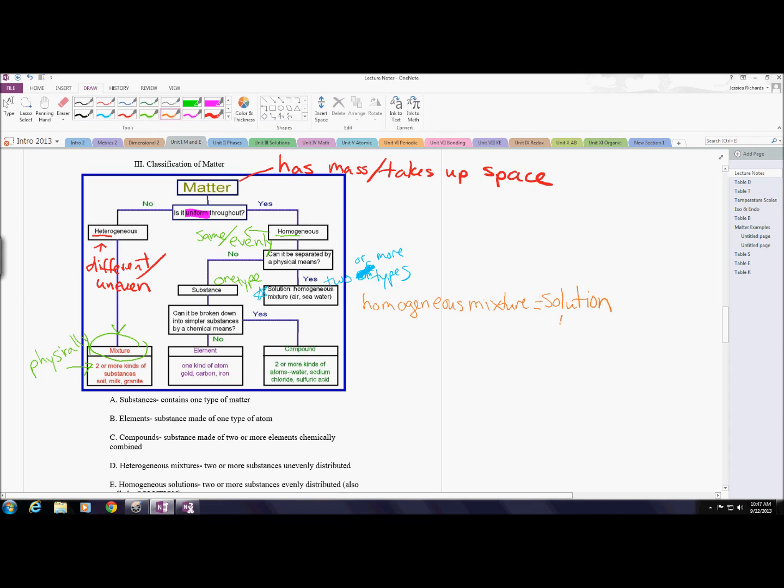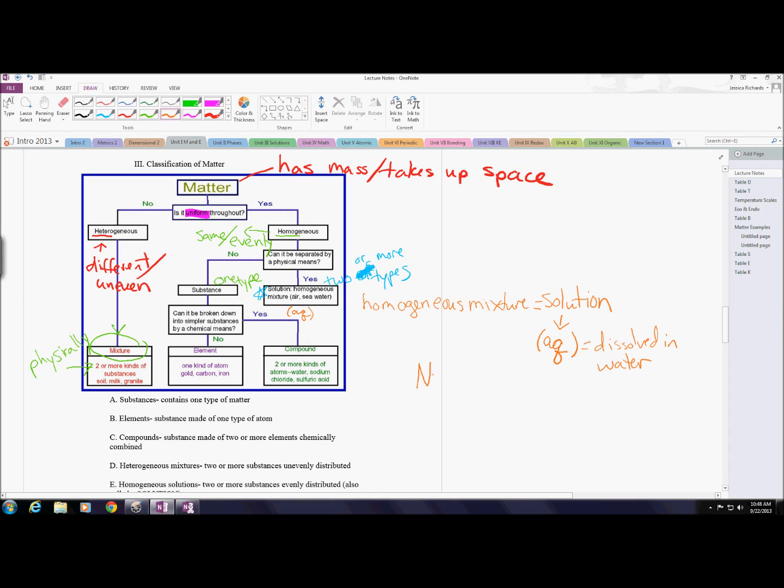The trick here is that when something's a solution in chemistry, it's usually made with water. And when it's made with water, we put a little AQ after it. So if you see something with an AQ, you're going to read that as dissolved in water. AQ, aqueous, dissolved in water.